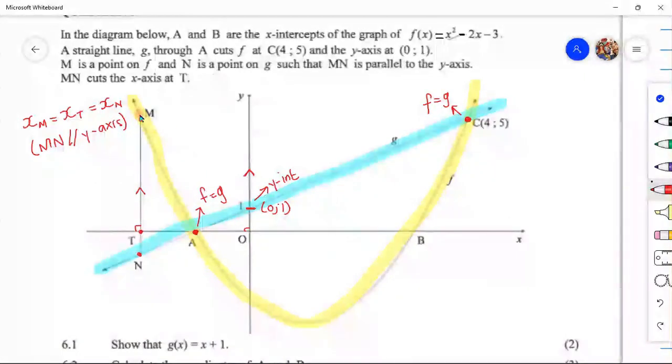So if you were to draw a vertical line, all the x values on that vertical line will be the same.